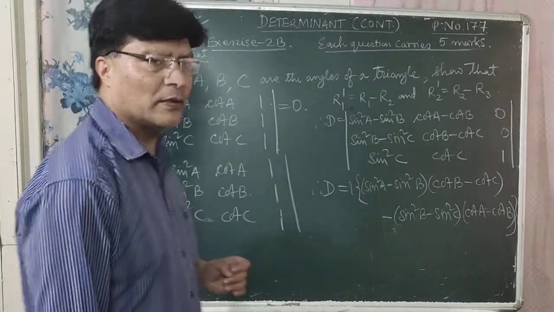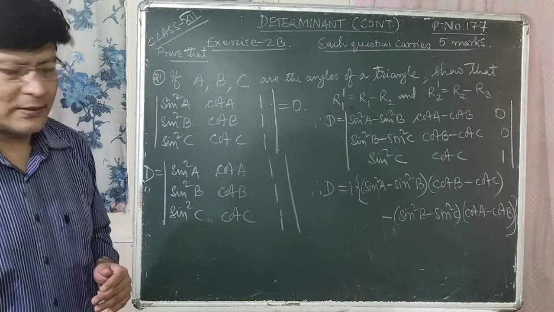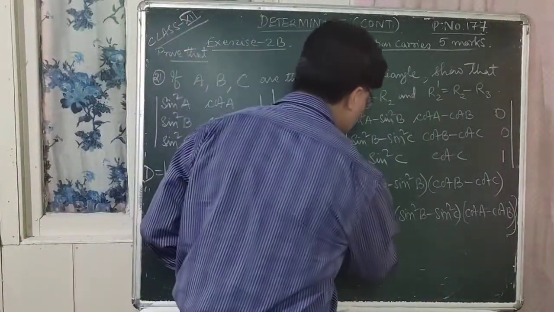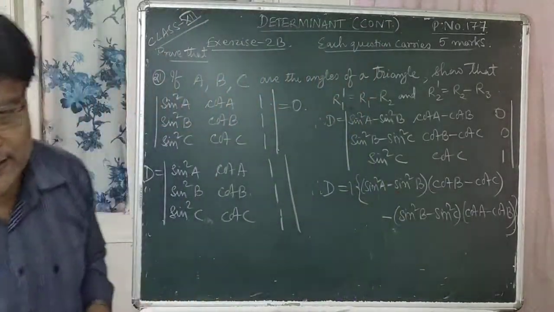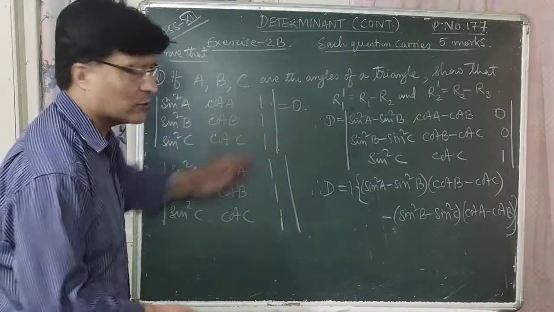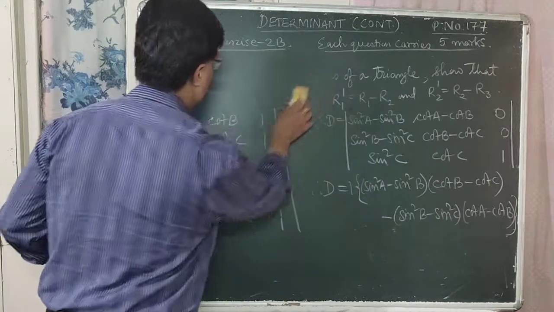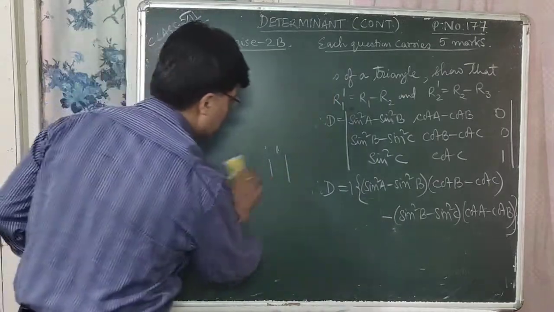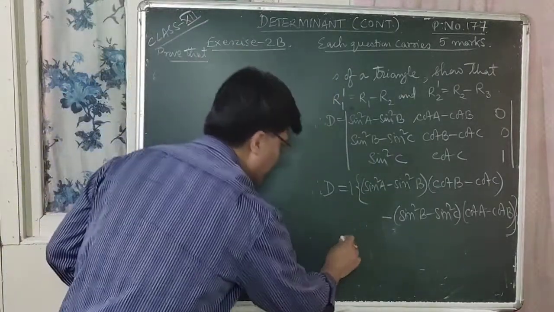Now let us simplify it. You should know the formula of sin square A minus sin square B. You have to prove this determinant is equal to 0, right? So what is the formula for sin square A minus sin square B? I am writing the formula here.